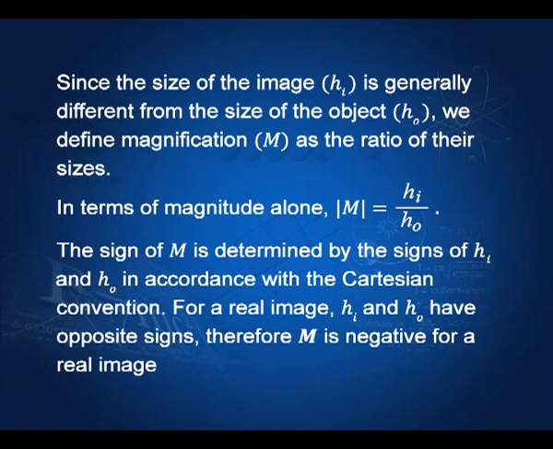Why? Because in a real image, the image is inverted with respect to the object, and therefore m carries a negative sign. If the image is virtual, then we have seen that it is erect, in the same direction, and therefore the two have the same sign, and m is positive.